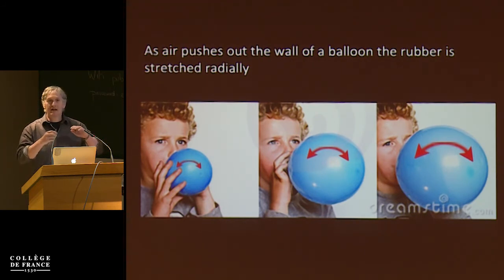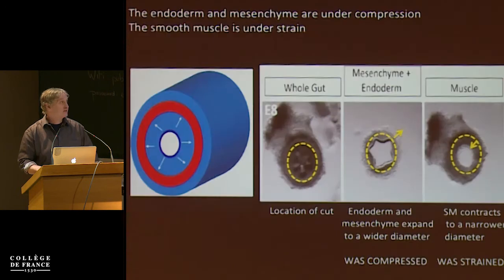But as the smooth muscle cells start to differentiate in random orientations, they lower the rate of cell division. Yet the tissue on the inside is still proliferating at a high rate. So it's pushing outward on the tissue because you have more growth on the inside than on the outside. And it's easy to show that simply by making a cut.